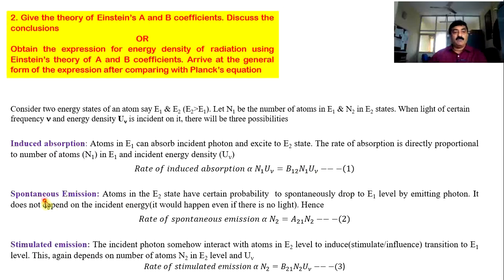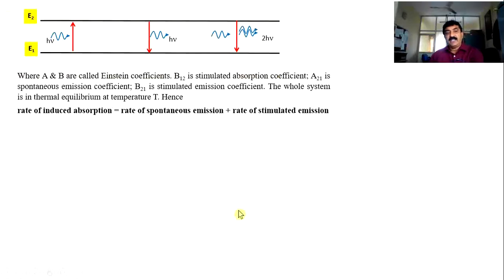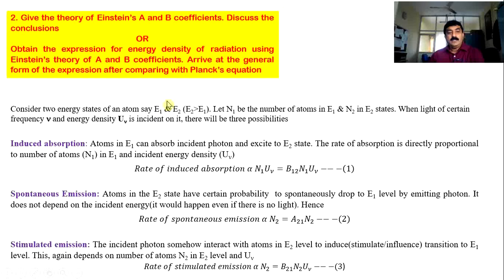Coming to the second one, spontaneous emission. That means this second part, this part. Okay. See, atoms in the excited state will have certain probability to drop to E1 spontaneously. Definitely they will fall within 10 power minus 8 second by emitting photon.